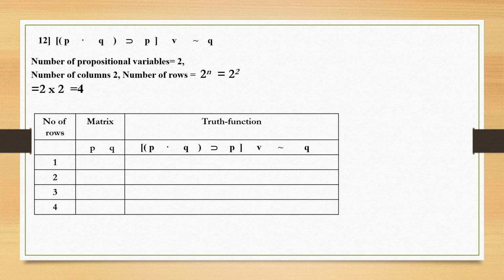Then assign the truth values to P and Q. P's values will be half of 4, that is 2 trues and 2 false. Write it down. Then Q's value will be half of 2, that is 1 true and 1 false. Write it down. Now write the P's and Q's values in the truth function also.